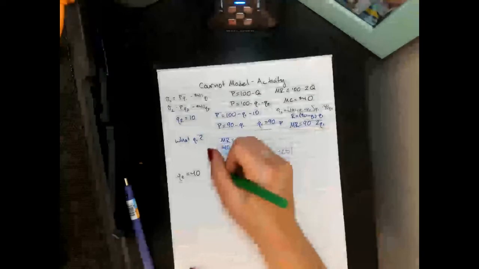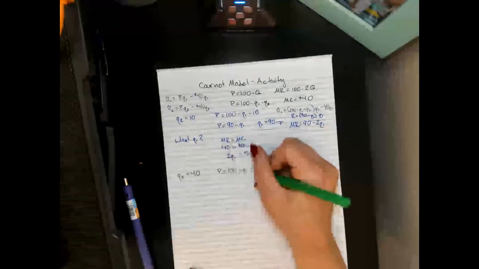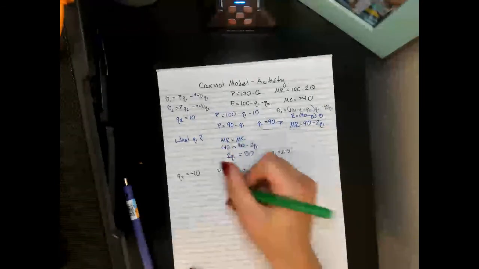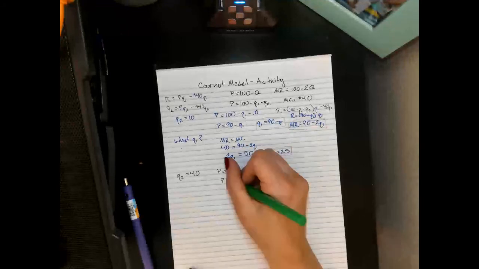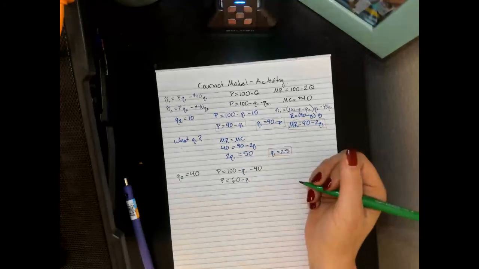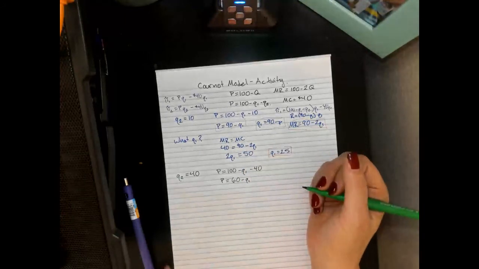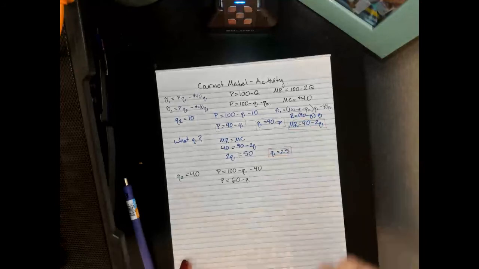So P equals 100 minus Q1 minus 40. So P equals 100 minus 40, or 60 minus Q1, is the remaining market share and the demand curve for firm 1 if firm 2 takes up 40% of the market share.